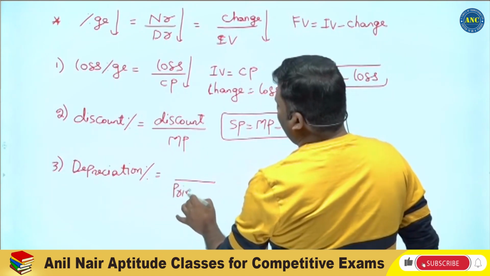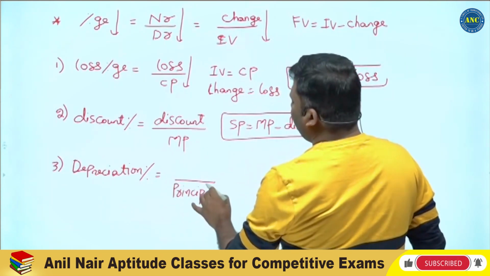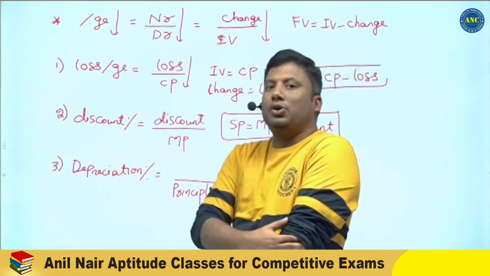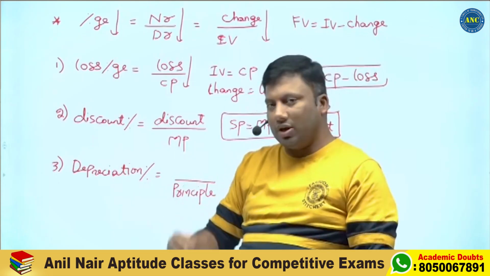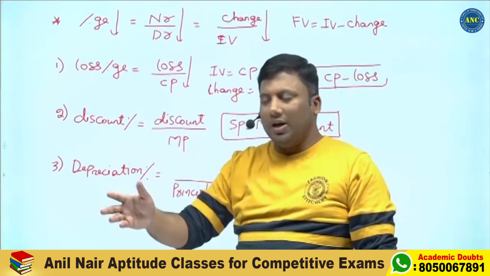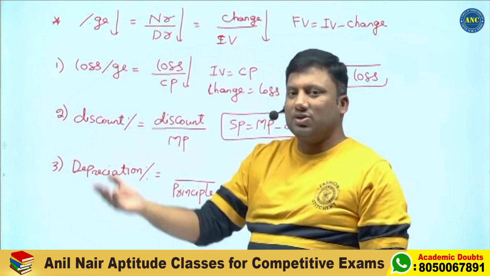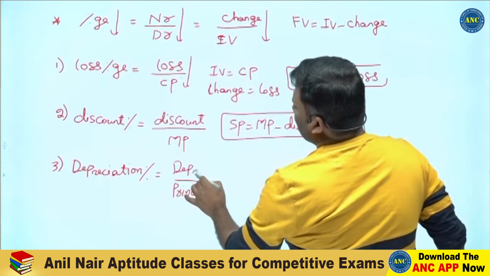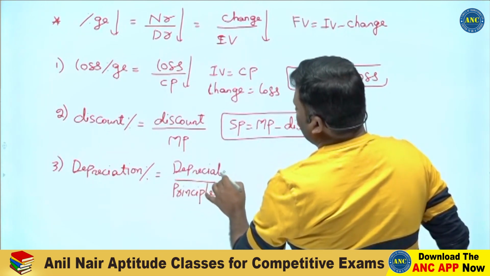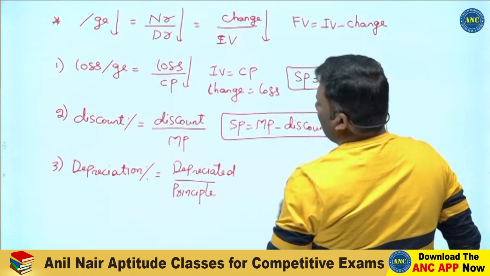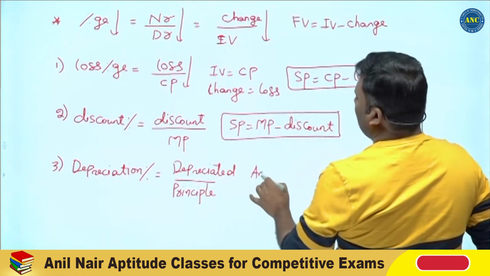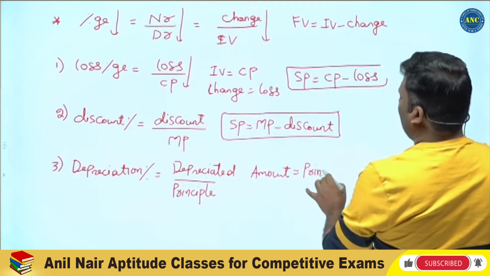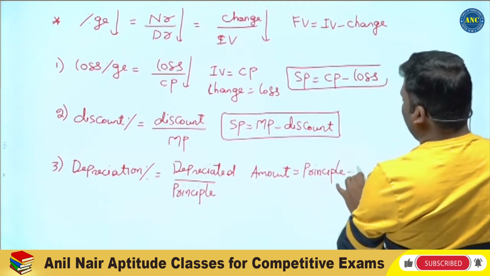Suppose I took 100 rupees from my friend, and after 1 year I am unable to give it. After 2 years I am unable to give it. He came and said, don't give me 100 rupees, give whatever you can. So the value which I took got depreciated. So the final amount is principal minus depreciation.